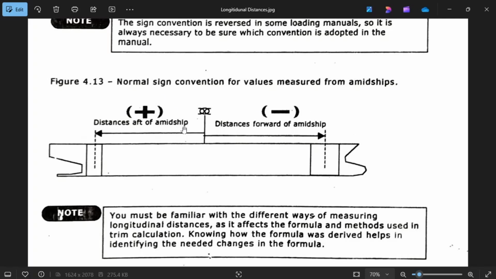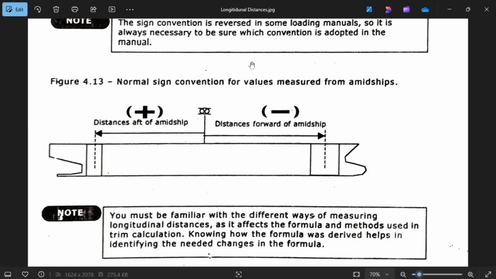But in this case, they use the negative sign, which means if you have a negative sign, you are forward, the forward part of the vessel from your reference point of amidships. If you are behind this reference point, what we call the amidship, then that will be a positive sign. So take note of that, this is very important.